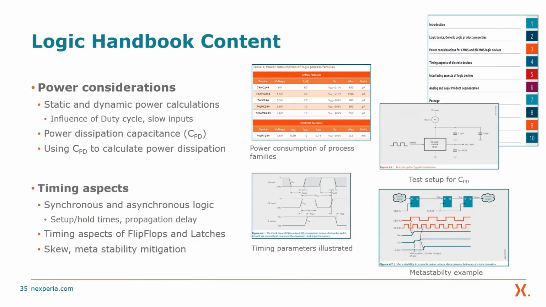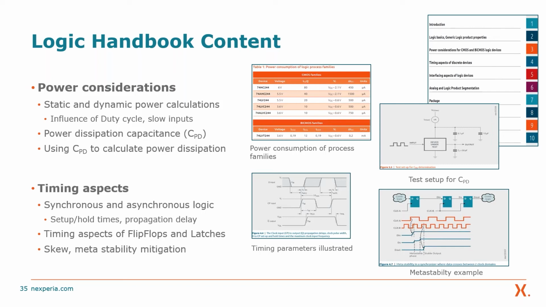The next chapter is the power considerations. Power is another important aspect when using our products. You need to understand how much power is dissipated by the device and under which conditions. Therefore, we address static and dynamic power calculations and influences of aspects like duty cycles and slow inputs.